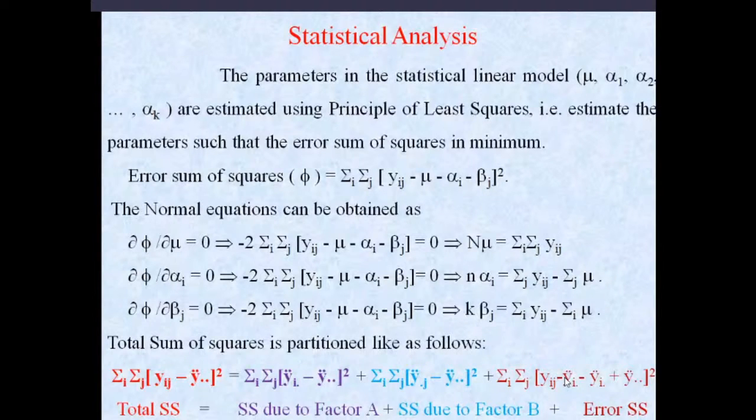In those experiments I will show how to evaluate these values using statistical software, mostly SPSS or R, whichever you require. With those I will demonstrate the same thing.